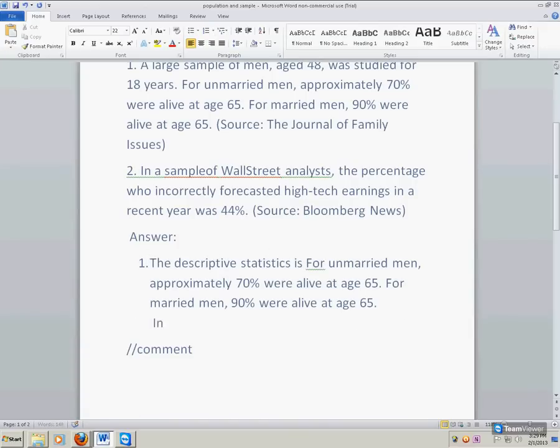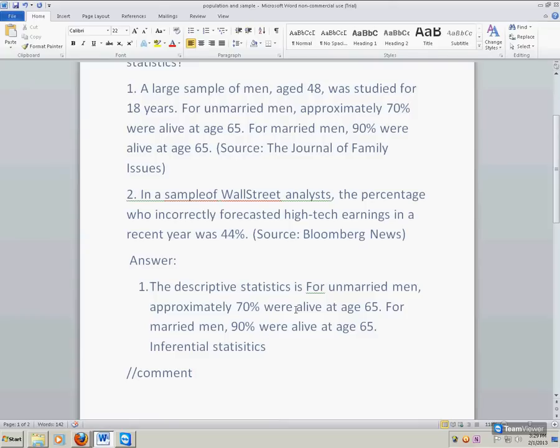The inferential statistics for the first question. For the very first question, you have to draw up a conclusion, and that is called inferential statistics. So to draw up that conclusion, there are a couple of conclusions you could draw. If you have married men and 90% were alive at 65, it means that there has to be something good with marriage.